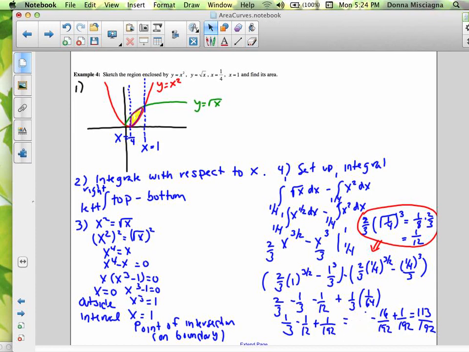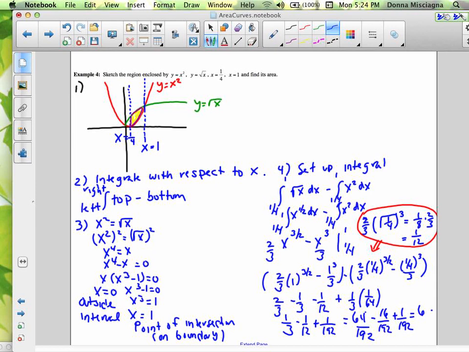So 3 goes into 192 64 times. So this is going to be 64 over 192. So that's going to be 65 minus 16, so that's going to be 49. And you can tell me if this isn't right. Now, what did I say?